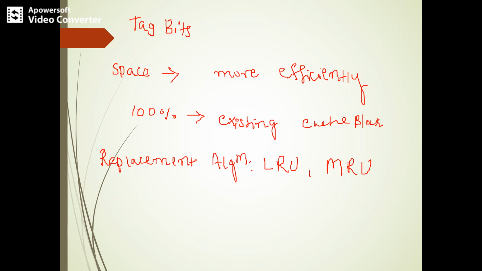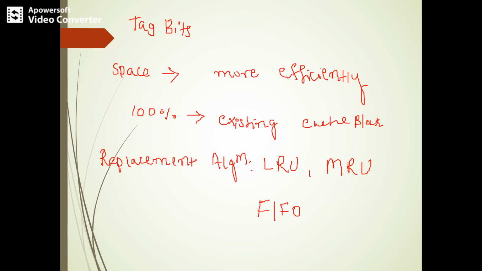That replacement algorithm is either LRU, the least recently used algorithm, which works on the principle of first in first out. And one more algorithm is the most recently used algorithm, which decides that some respective blocks or pages are most recently used by the processor and will not be accessed in future.